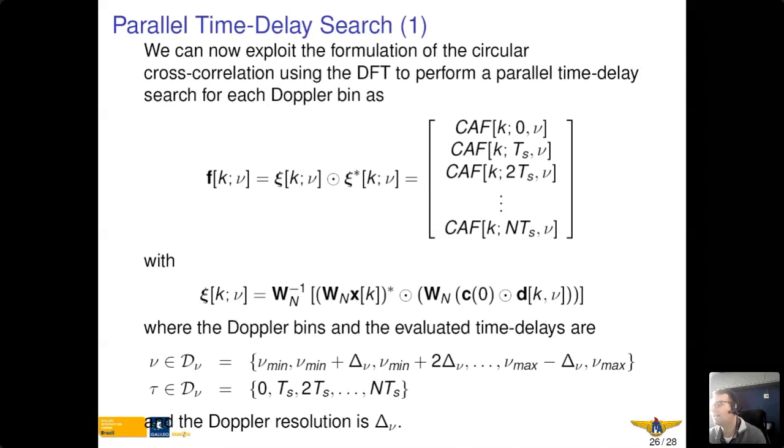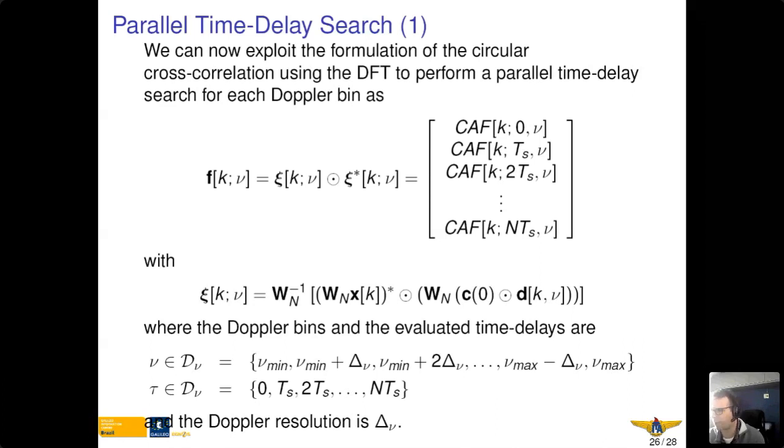And then Hadamard-Schur with the DFT matrix multiplied, and we take here the model of the signal with time delay 0, so C of 0, because we are calculating the circular cross correlation with respect to this model. Then Hadamard-Schur with the sample Doppler frequency for a certain Doppler value.